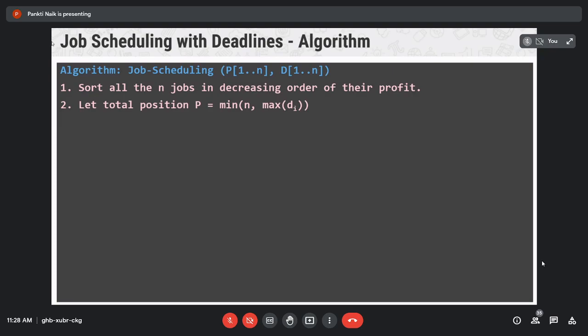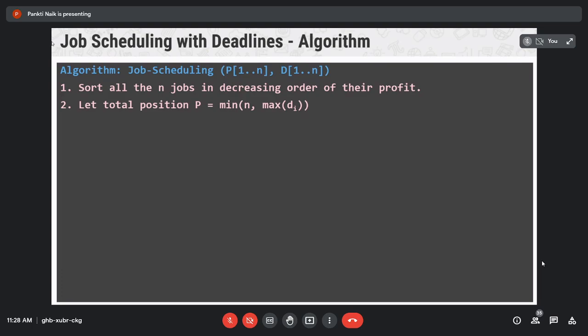D1 to N is used to denote the deadline, then P I denotes the job profit. The first step is to sort all the N jobs in decreasing order of their profit.